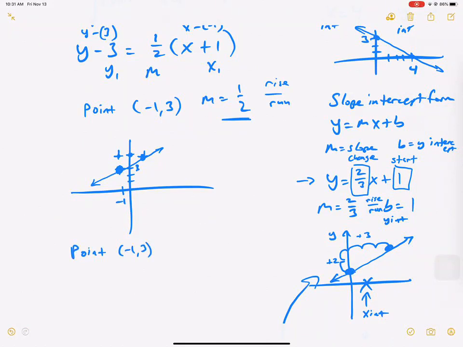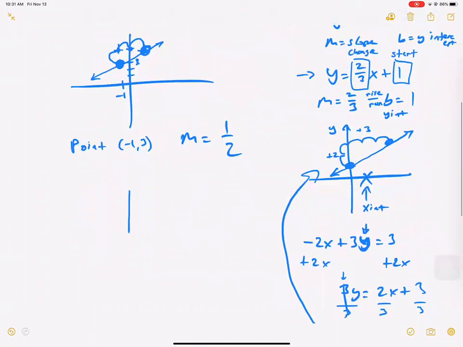What is the slope? How to get from one easy point to another easy point? We rise by 1 and we run by 2. M is equal to 1 over 2. That's it.